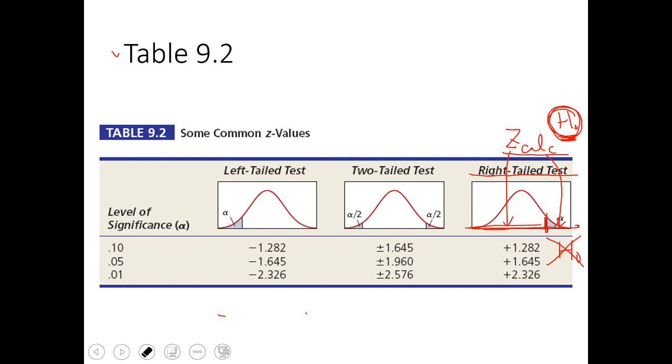So then, where is this value, this value, this value, and this value?